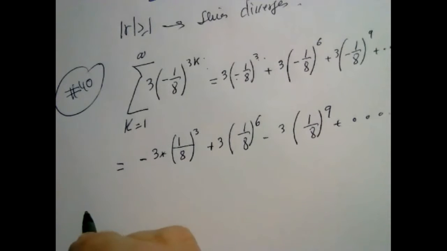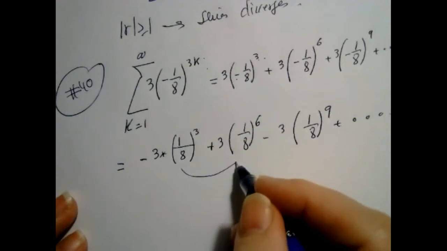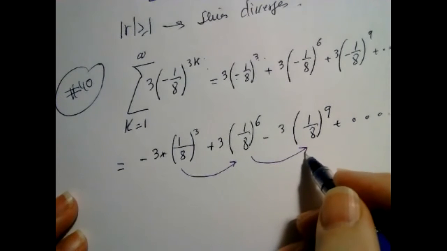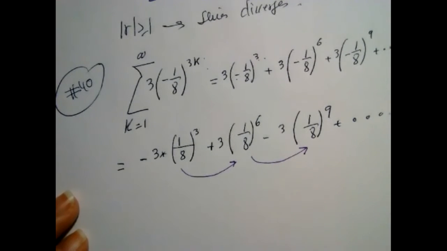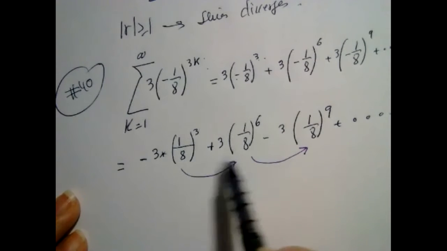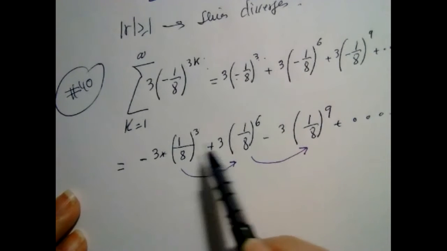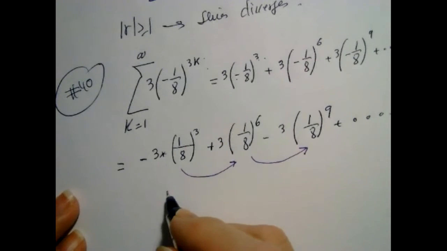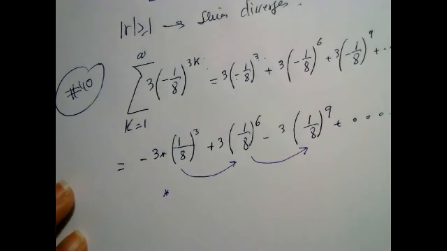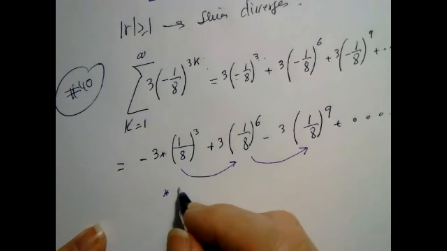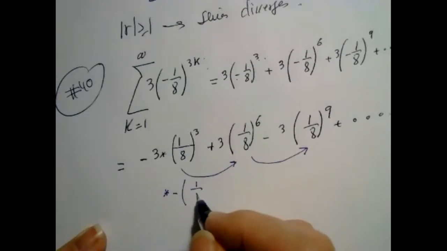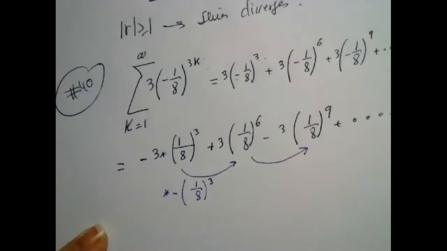Question number 1, is it geometric? It means, do we go from one term to another by multiplying by the same ratio? And if it is, what's the ratio? So what do we multiply by going from one term to another? Negative 1 over 8 cubed. Right, we multiply by negative 1 over 8 to the power 3.